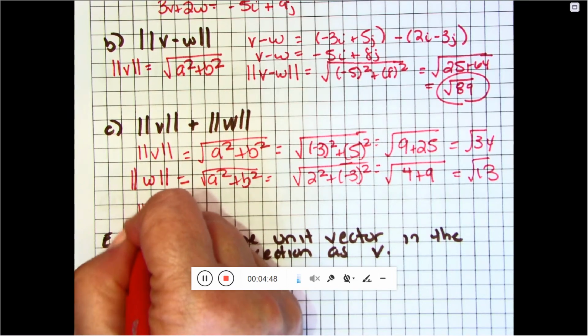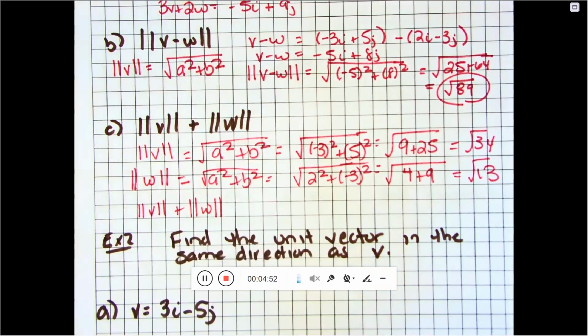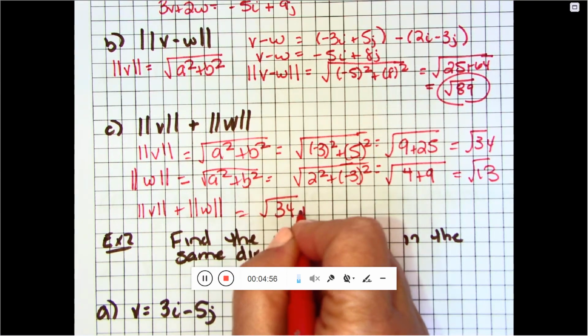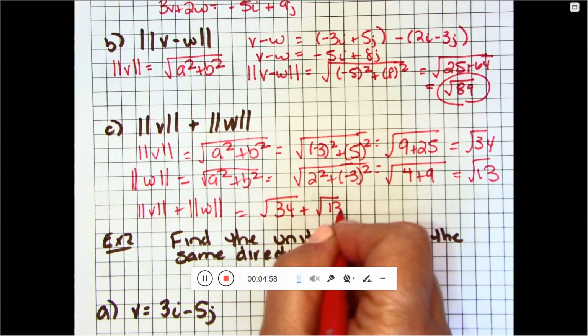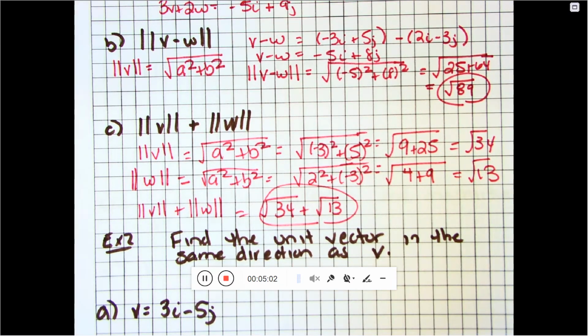So the magnitude of vector v added to the magnitude of vector w is the square root of 34 plus the square root of 13. And that's really all you can do with that, because remember those aren't like terms, so you can't add them. In order to add radicals, they have to be like radicals, and these are not.